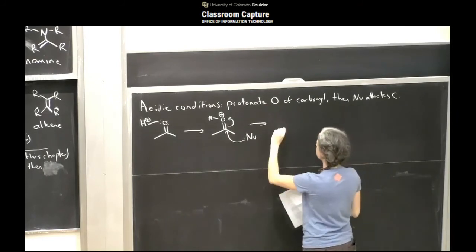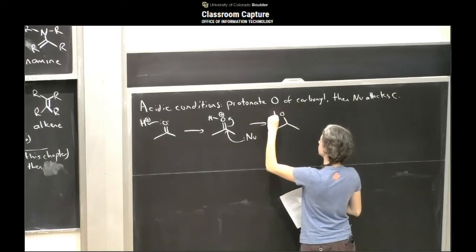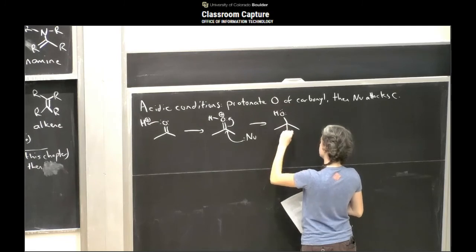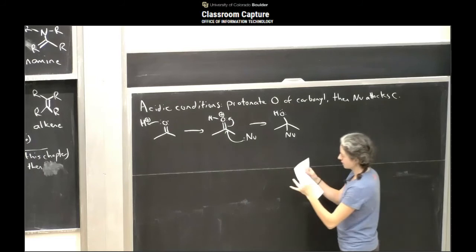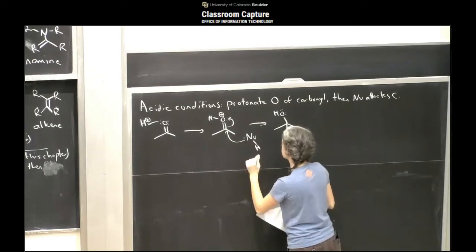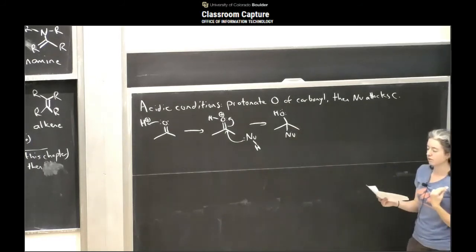Okay, so we do that. And that gets us to here. Oh, and actually, sorry, one thing I didn't mention is usually the nucleophile in this case is going to be neutral.